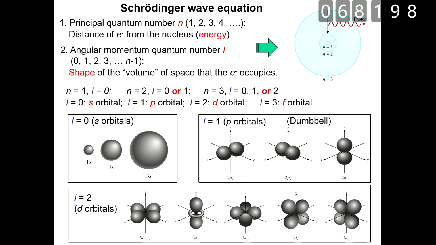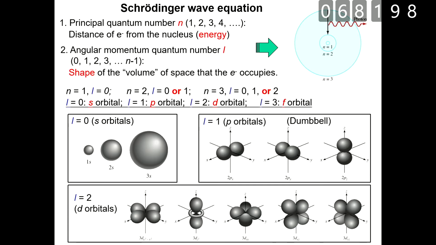For example, if L equals 0, we call it s orbital. The shape of the s orbital is like a ball.